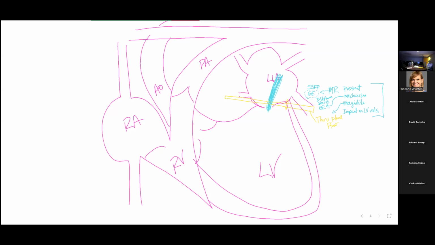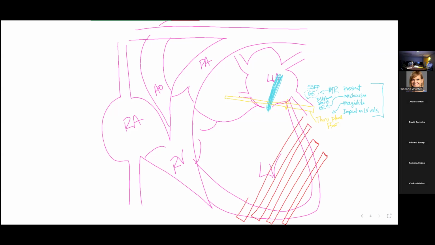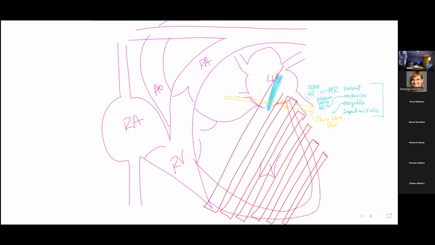Okay, so another way to do it is to say, okay, let's take the cine images that we got last week. Okay, and let's get a stack of those. This is kind of a neat thing to do. We do this in almost all the cases. Gonna keep on going here because we got to get all the way up to this aortic valve.